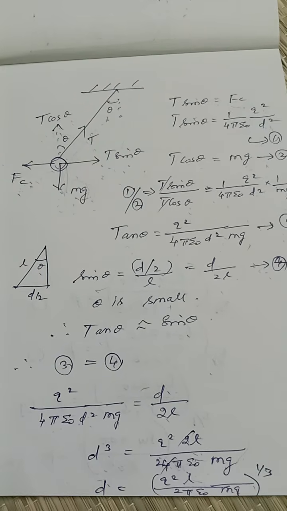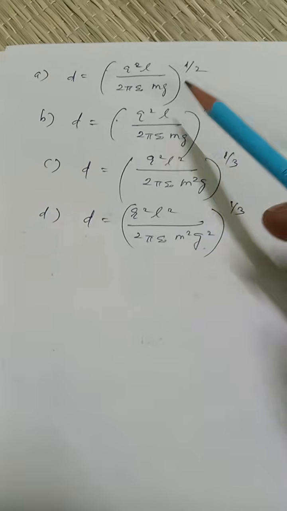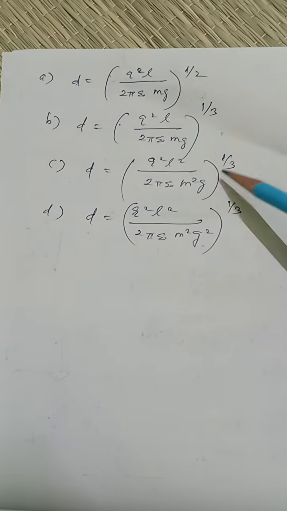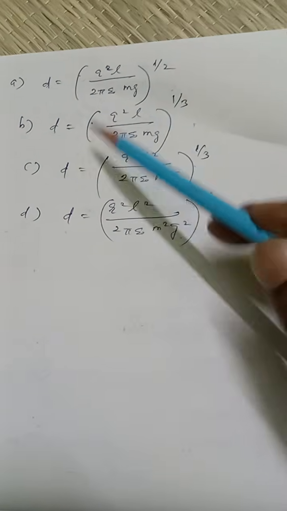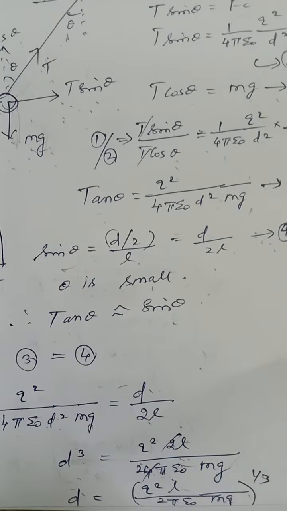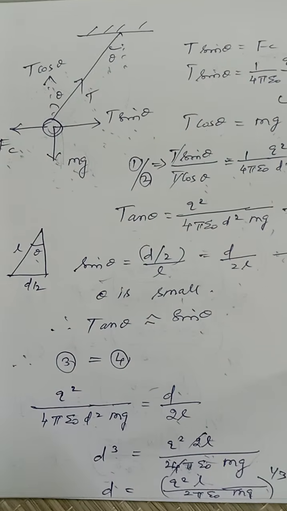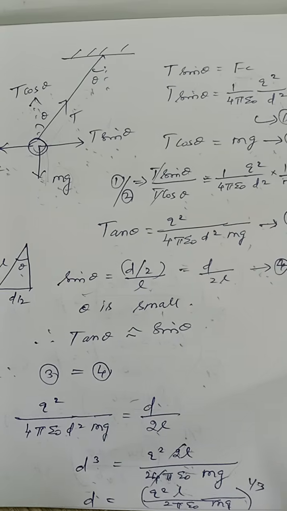See the options given in the question: option A, option B, option C, option D. Out of these 4 options, the answer is what we have got: d equal to q squared l by 2 pi epsilon naught mg, power 1 by 3.